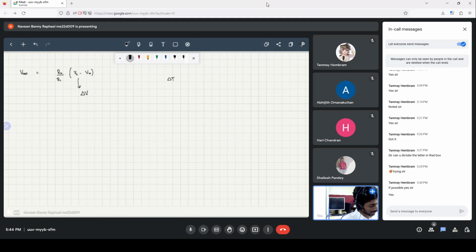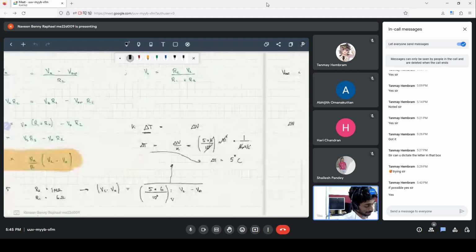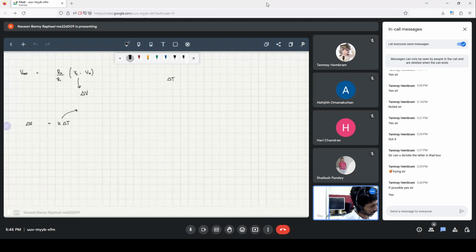Okay, instead of solving it like that, technically speaking, delta V is... Never mind. We'll ignore that section. The equation between delta V and delta T is delta V is equal to K into delta T. This K is what's given in the first thing as 6 microvolt per degree Celsius.